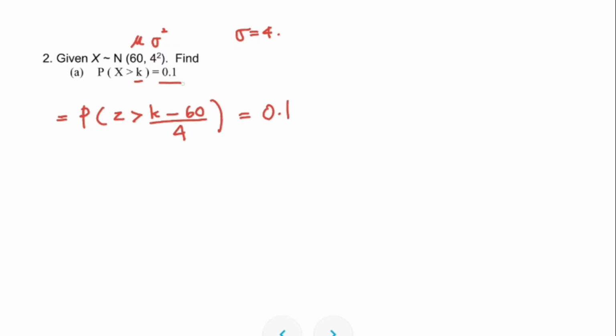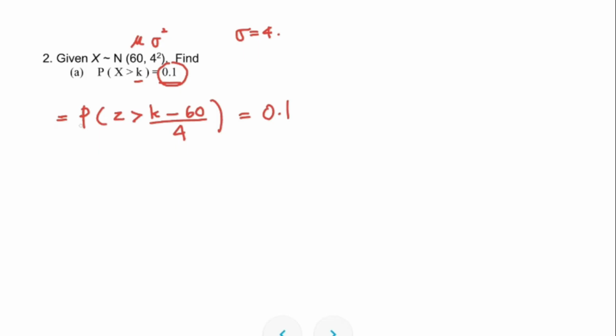This is a special case, because when the probability has only 1 or 2 decimal places, we need to look at table 4 from the normal distribution table.